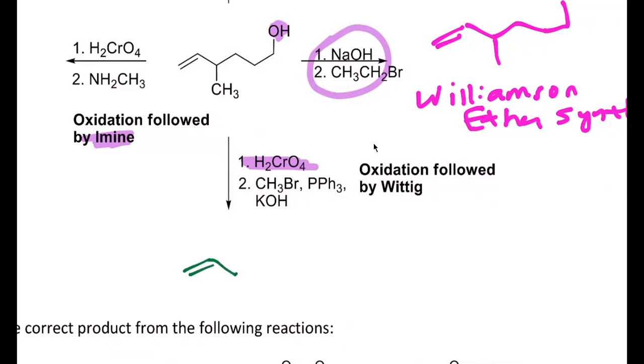So don't get sidetracked by that alkene. Is that what I should get if I oxidize this alcohol using chromic acid? Yes.